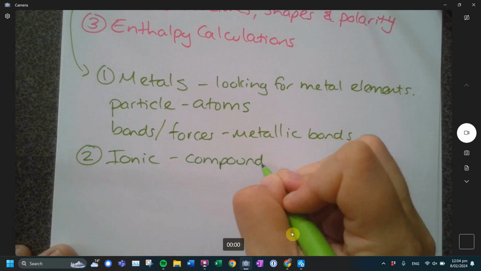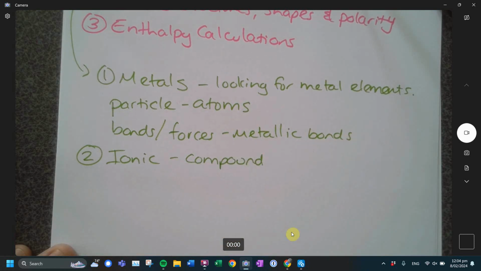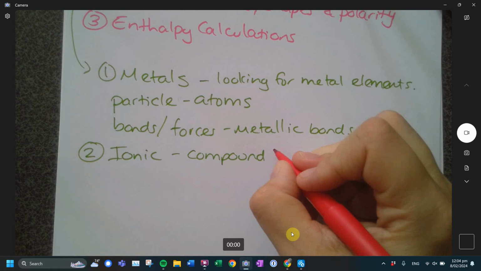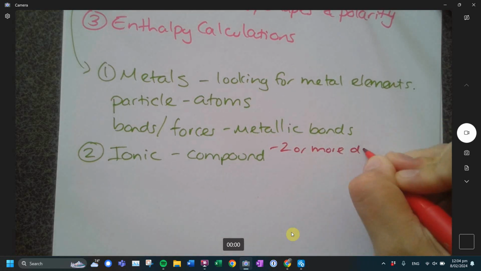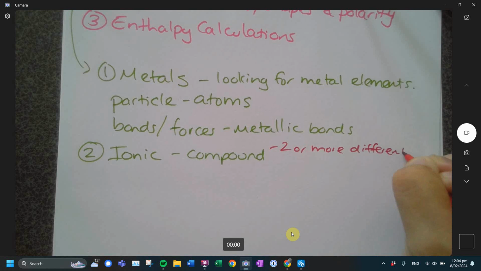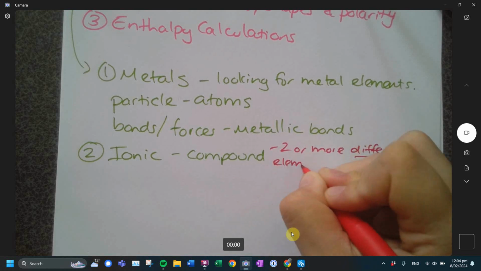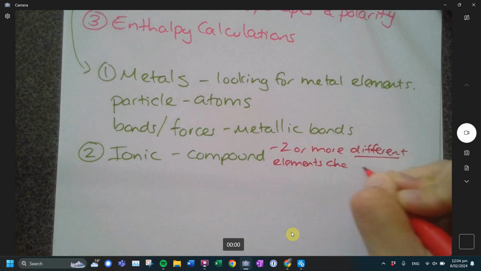You guys remember compounds from last year? Or do you need me to define it? Do you want me to define compound? Yes or no? Yes? Okay. So a compound is two or more different elements chemically bonded together.